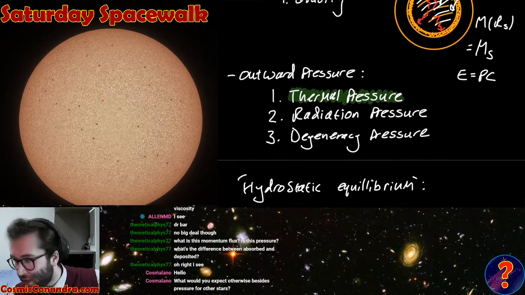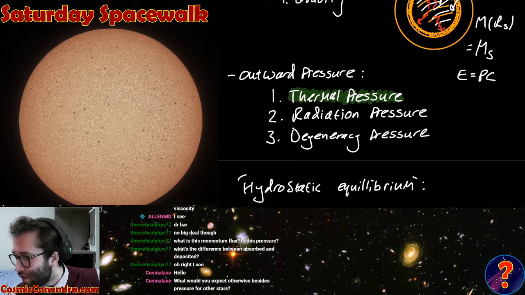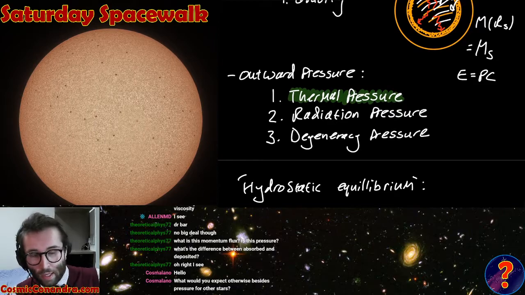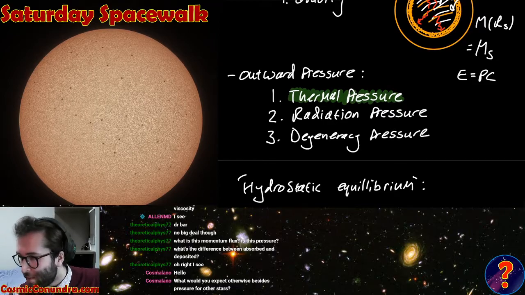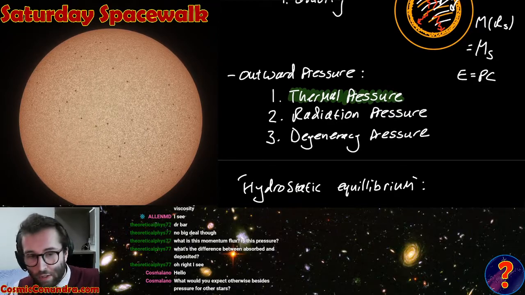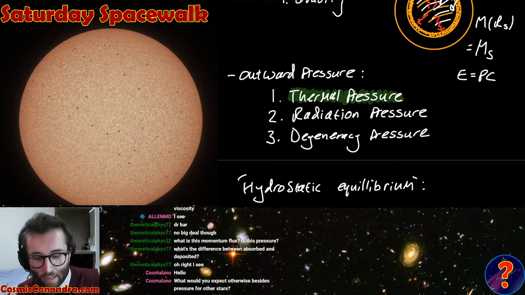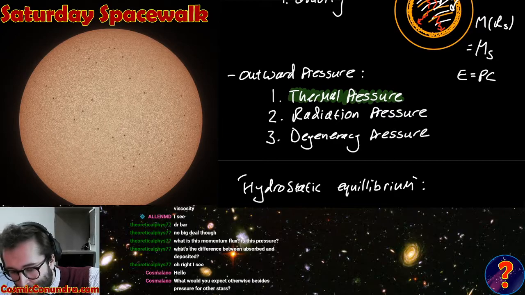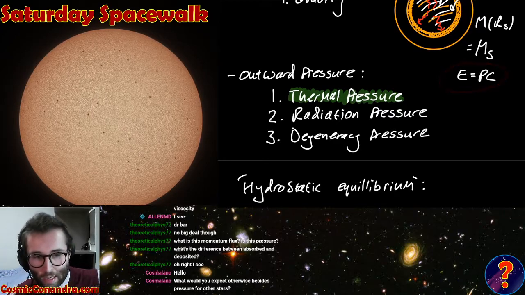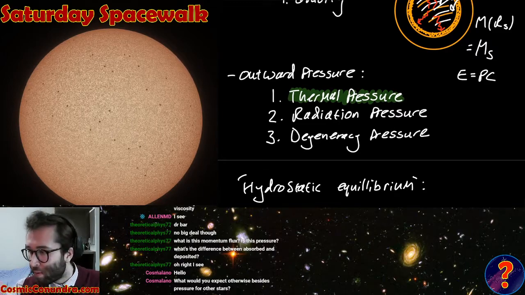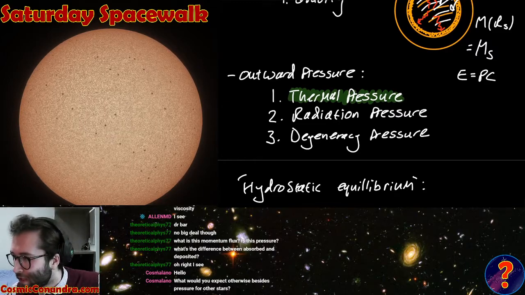But then for outward pressure, there are three sources. There's thermal pressure of the same kind you get if you have a balloon full of air. There's radiation pressure, because the electromagnetic radiation which is produced inside of the sun carries momentum according to E equals pc, and this can transport momentum and therefore deliver pressure into different layers of the star.